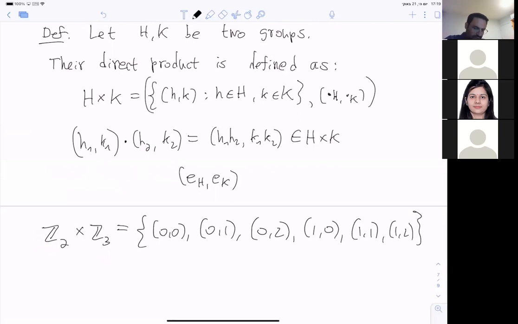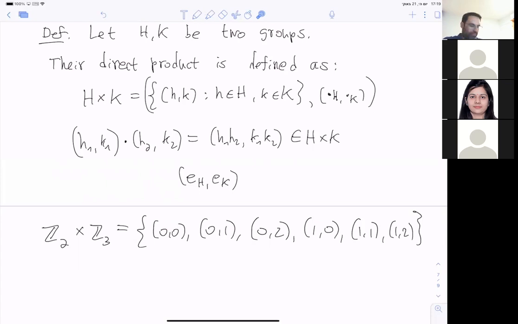These are the elements in this new group. I was able to go from 0 to 2 in the second component, because I take all remainders modulo 3, and in the first component I was able only to write 0 and 1. That's all. So these are all possible combinations.